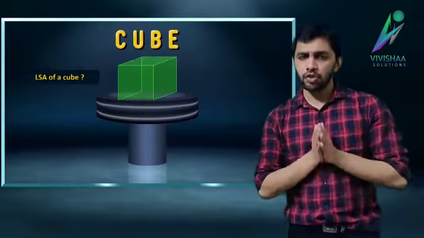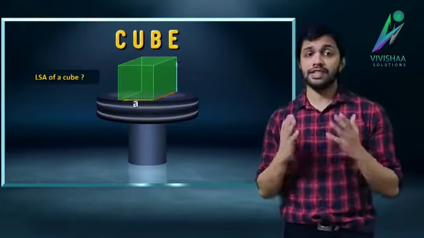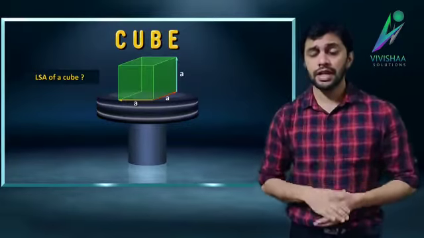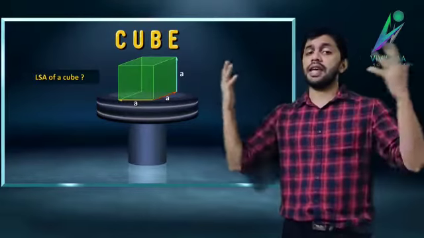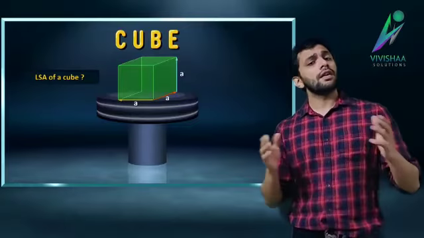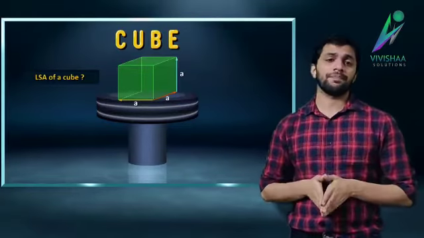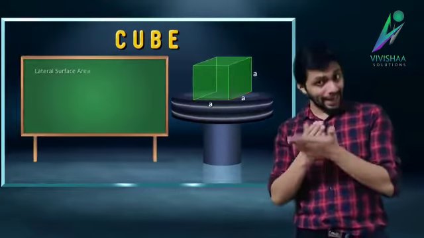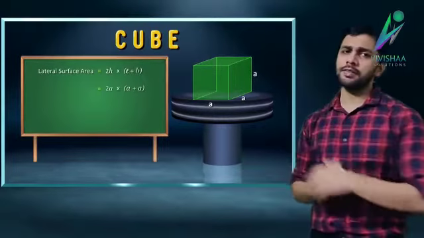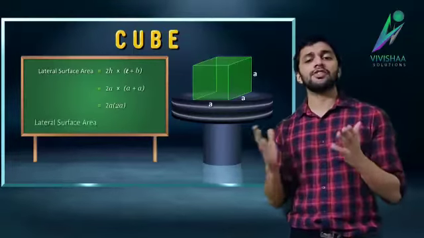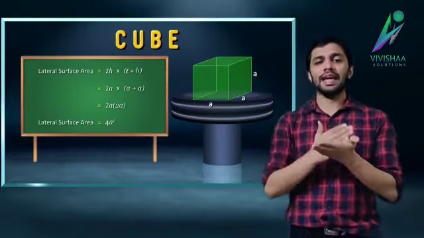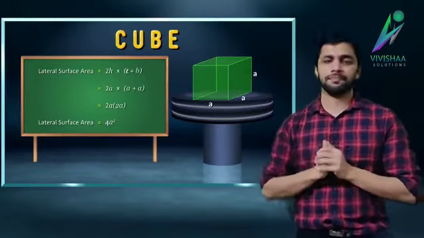In case of a cube, all its edges are of the same length. They don't have length, breadth, height as different measures. All the measures are of the same dimension. Let's assume it is a. Now, substituting a in place of L, B and H, the formula becomes very simple. It is 4a square, right?